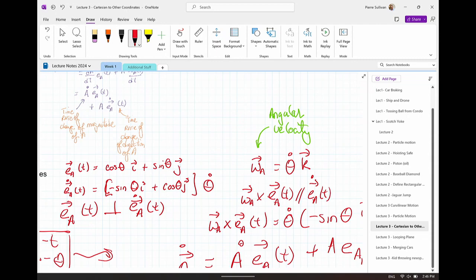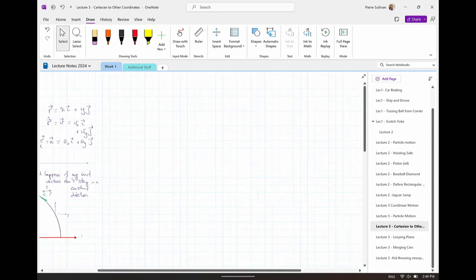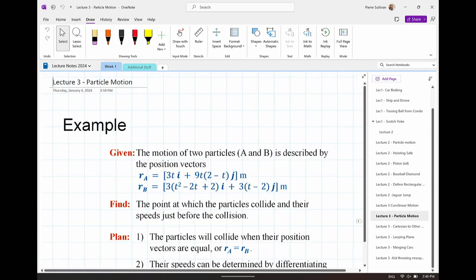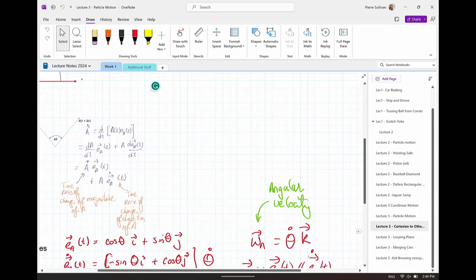I just missed what K was. Oh, K is a direction. So remember, lecture 2, particle motion. No, Cartesian.